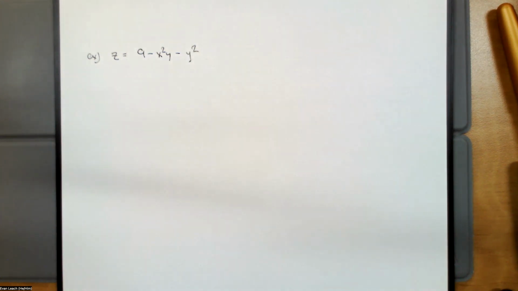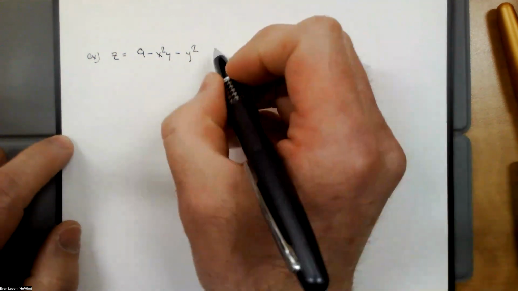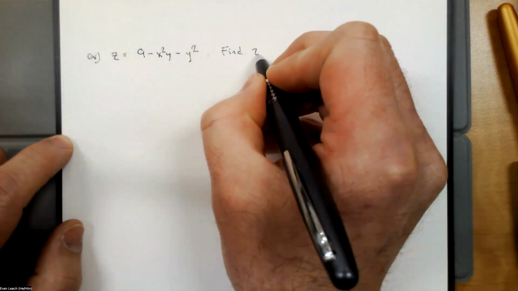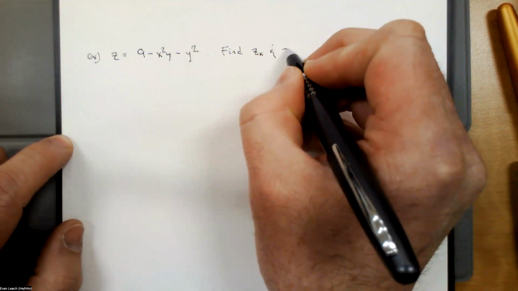Variation on the previous theme. Find me the two partial derivatives. No point. I don't care about that. I don't have a point. I'm not trying to find the equation of a tangent line. I just want to find the first two partial derivatives. So I'll just be specific. Find zx and zy.